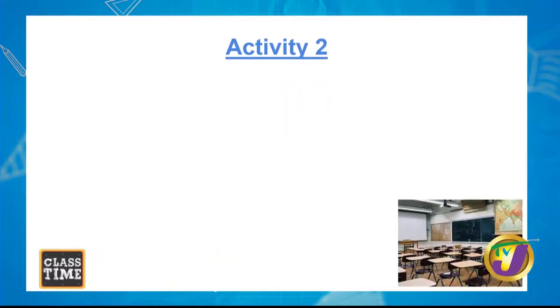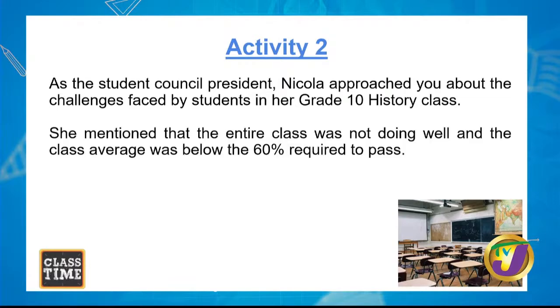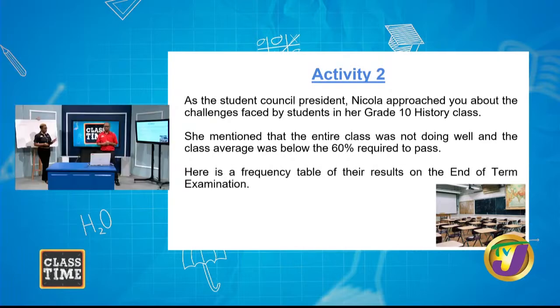All right, Tyrone. So as the student council representative or president, Nicola approached you about the challenges faced by the students in her grade 10 history class. She mentioned that the entire class was not doing well, and the class average was below the 60% mark.